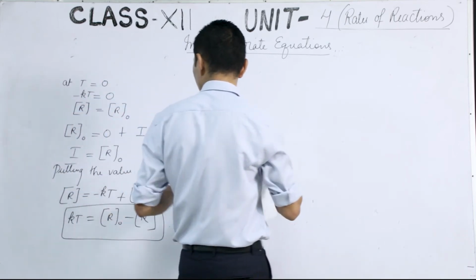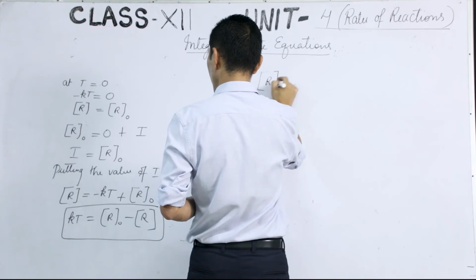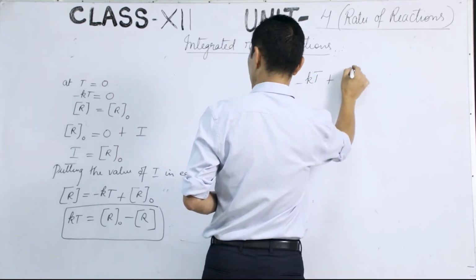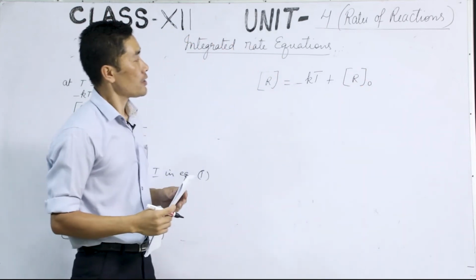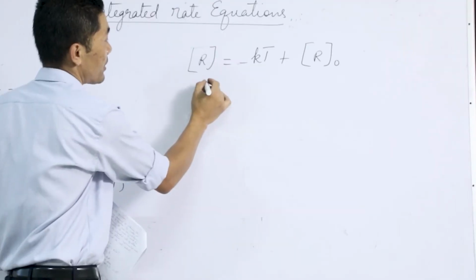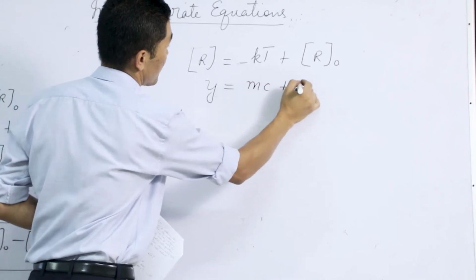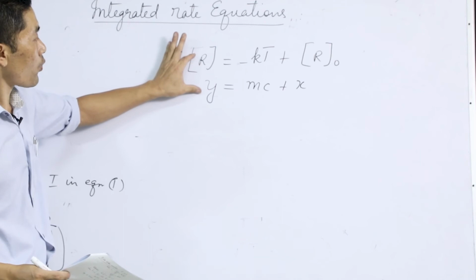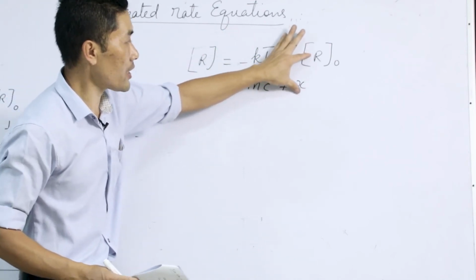Now, here we have R equal to minus Kt plus R naught. If we compare this equation with the equation of a straight line, which is y equal to mx plus c, this is y, this is mx, and then this is c.